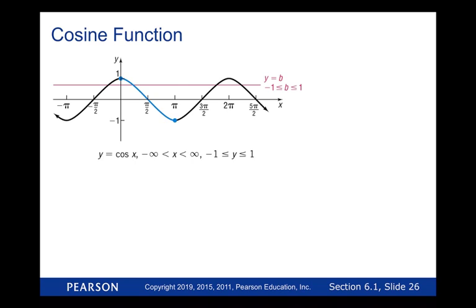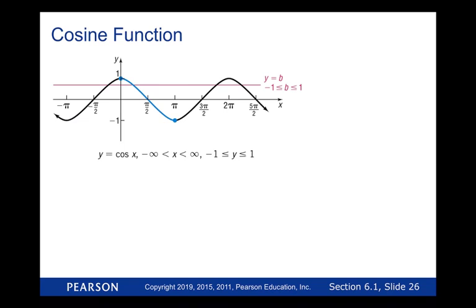What would happen if we restricted cosine from -90 to 90 and we wanted to use the horizontal line test? It fails the horizontal line test. So we pretty much have to go from max to min, from 0 to 180. So we restrict cosine from 0 to 180. That's the domain.